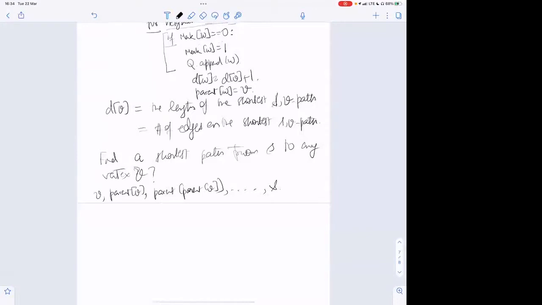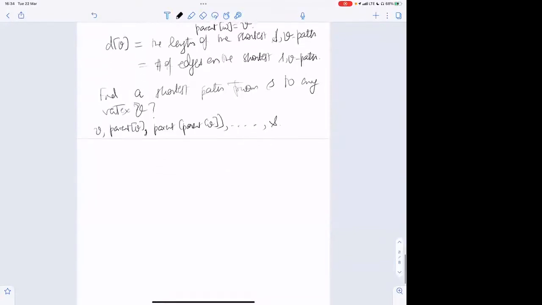Do you agree to this? Yes, sir. Okay. Moreover, this is the shortest path, therefore it cannot enclose a cycle.